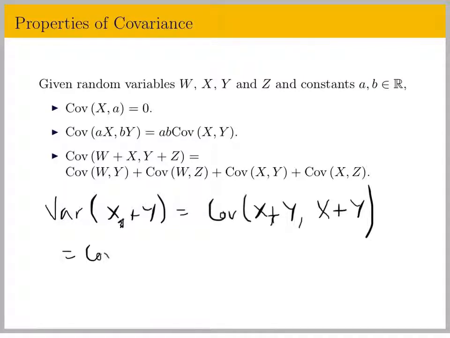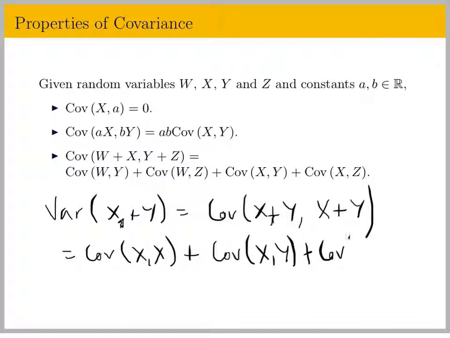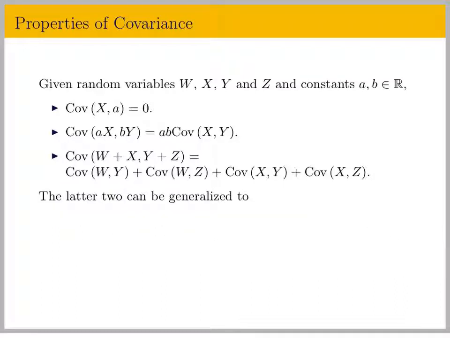Well, that turned out to be the covariance of all the cross product terms, including x with itself, which is the variance, plus cov(x, y) plus cov(y, x). Turns out these two are the same, right? Plus cov(y, y), and cov(y, y) is the variance.